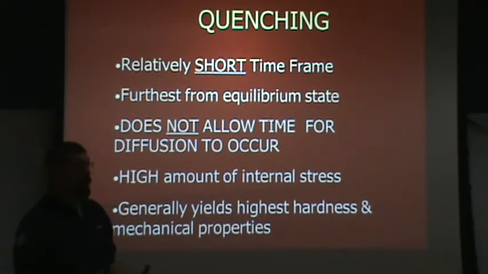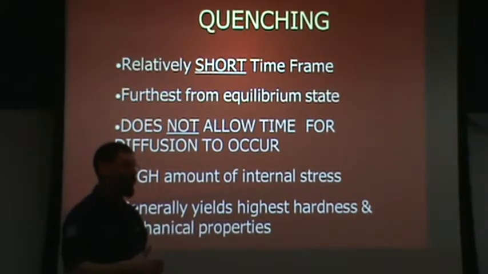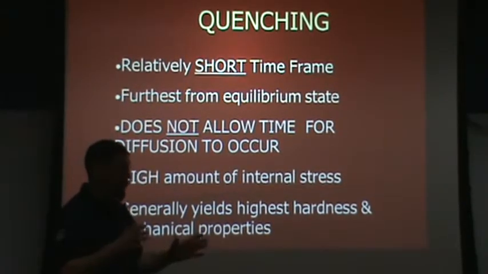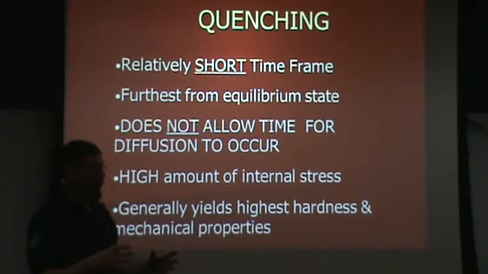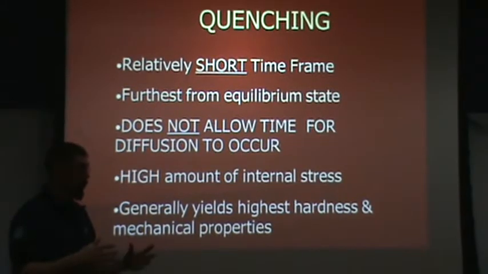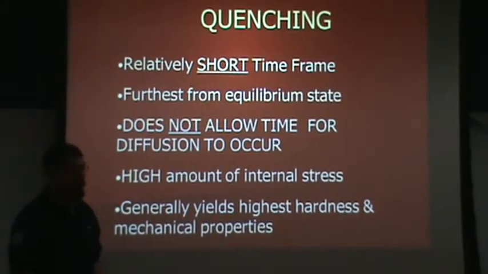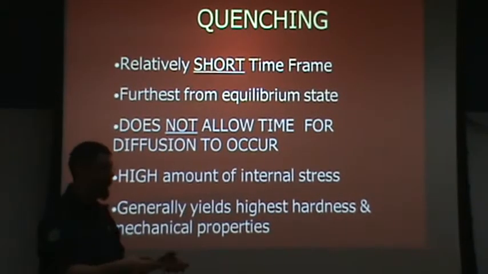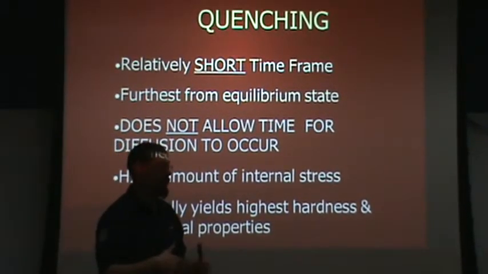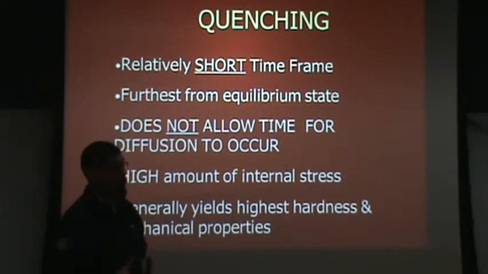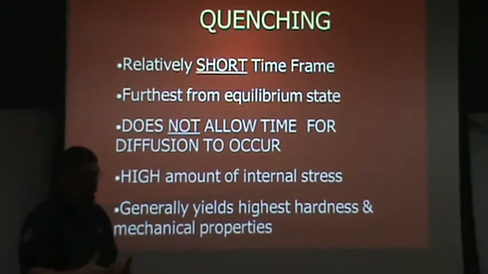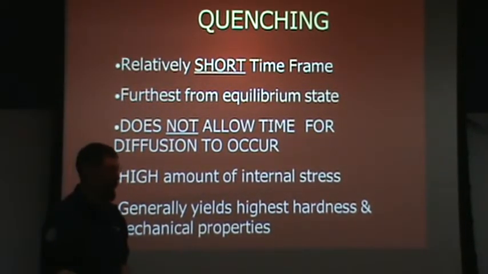So it might be beneficial for me to go with a longer time, up to a point, to make sure I get as much of the carbon and alloy elements in solution as I can before I go into the quench. And the way that we would see that in practical effect is that I would have a little bit higher as-quenched hardness and higher resulting tensile and yield strength.